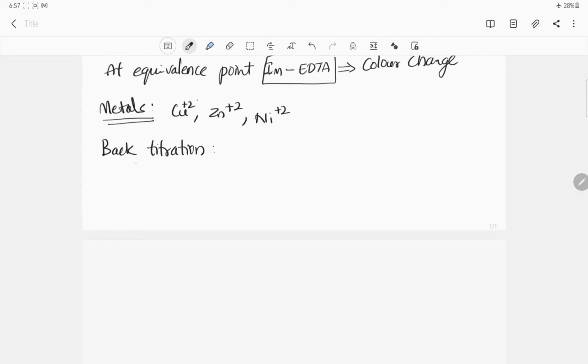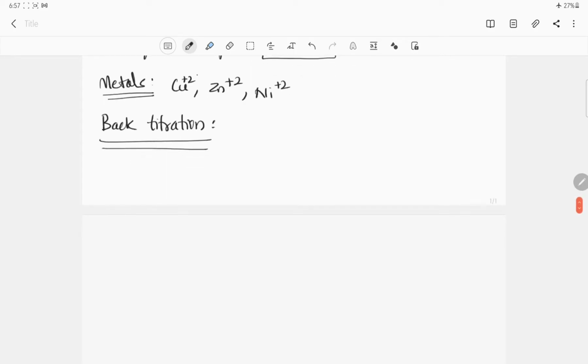Back titration. In this method, we will add excess of standard complexing agent. Let it be EDTA, which is nothing but ligand. As it forms actually six covalent bonds, hence it is a chelating agent.